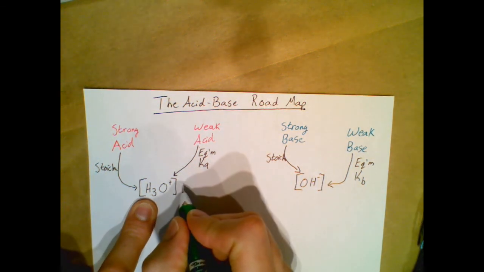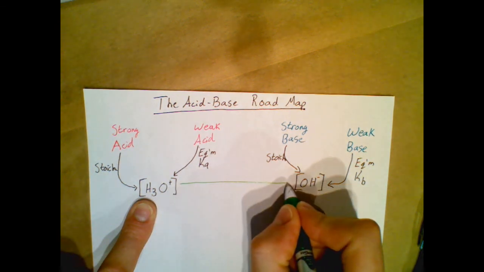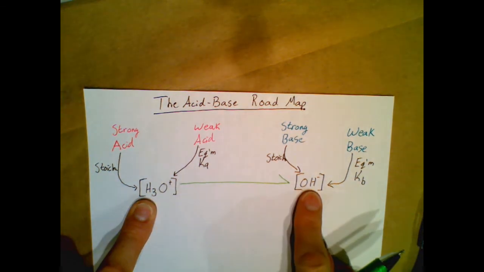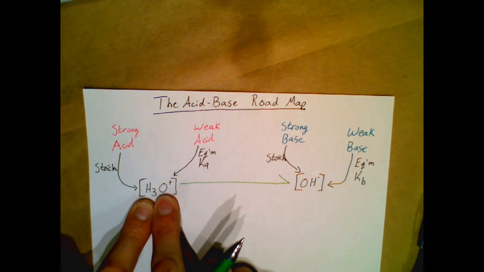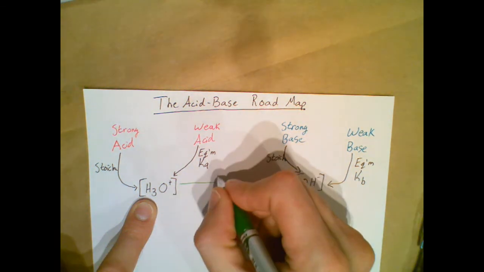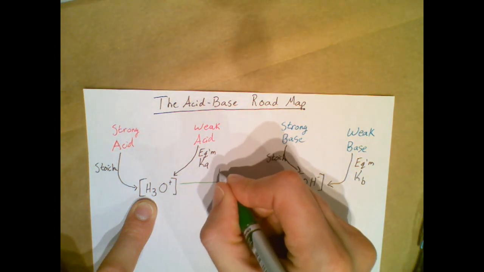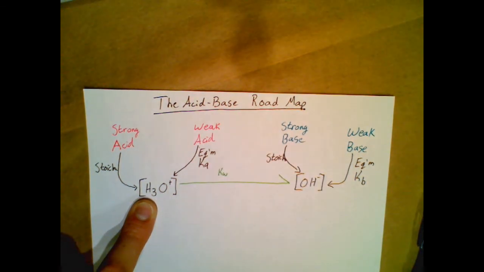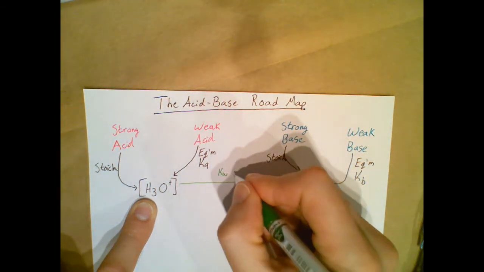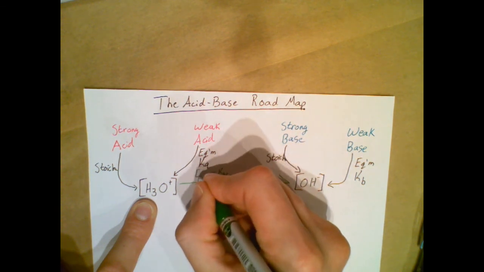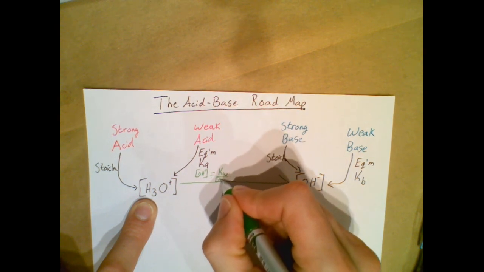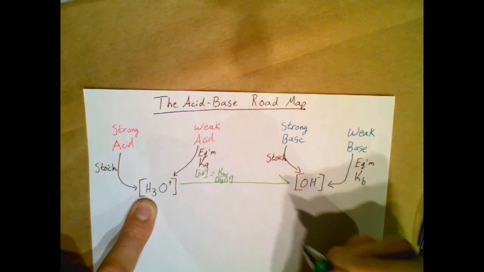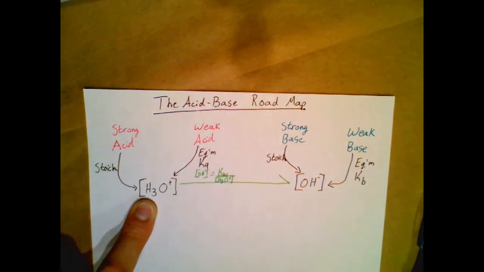Let's say I wanted to know the concentration of OH minus, and I know the concentration of H3O plus. I can figure this out because I can relate this using the Kw, right? Remember, the concentration of OH minus is going to be the Kw divided by the concentration of H3O plus. I wrote that about as small as I could. Okay?